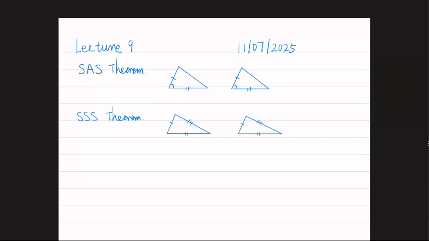If this pair of sides same length, this pair of sides same length, this pair of sides same length, then the two triangles are congruent. Let's use congruence.